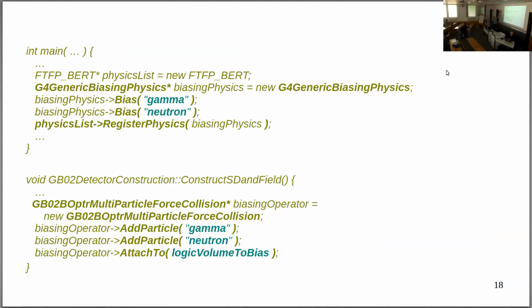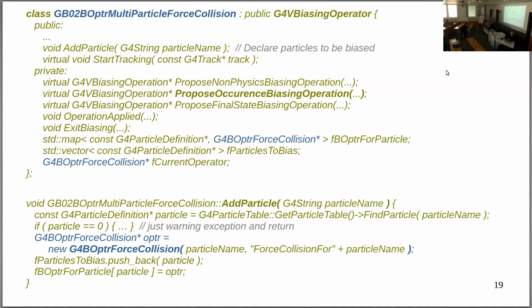So here is the same thing. You can specify the type of particle and the logical volume where to bias exactly as before. Here again, you inherit from this G4 biasing operator. This is a multi-particle class, so it means that you have this map with a set of particles that you want to bias.